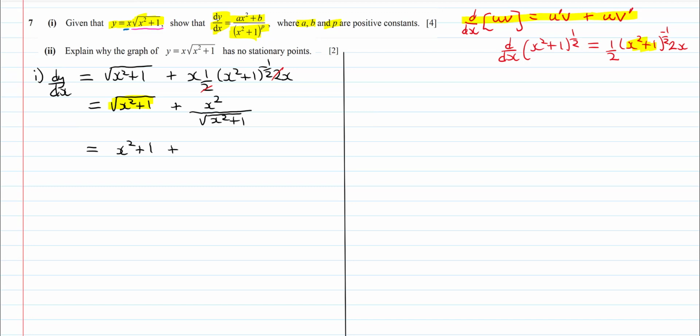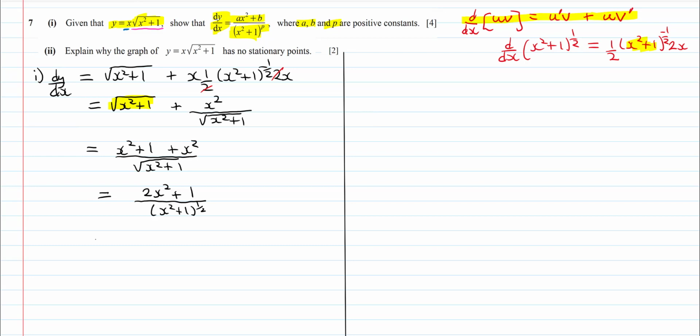And then we get our plus x squared, and that's going to be all over the square root of x squared plus 1. And that equals 2x squared plus 1 over, and I'll write the x squared plus 1 as x squared plus 1 to the power of a half. So it's in the same form as what we had in the question. And that's our answer for part 1.